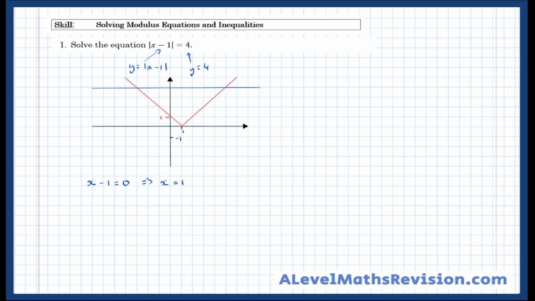Now what I find really helpful at this point is labeling the positive and negative parts of the modulus graph. And what I mean by that, this was the original part of the graph here. That is part of the graph y equals x minus 1 before we reflected it. So I'm going to write y equals x minus 1 next to that part.